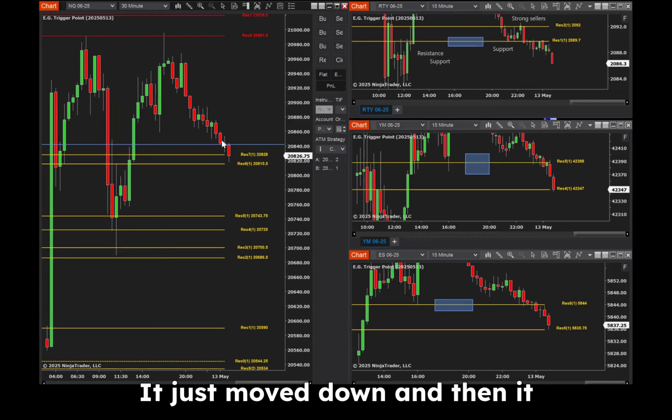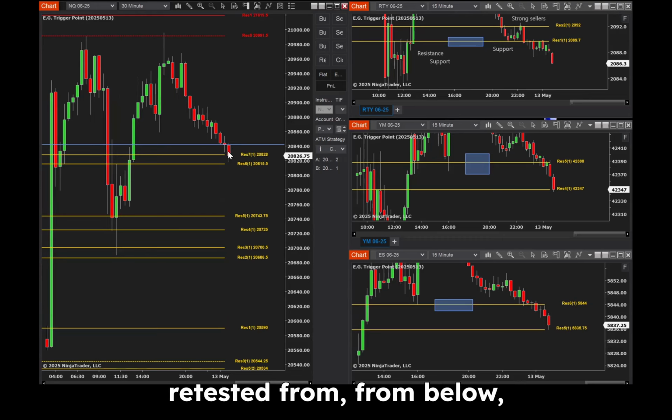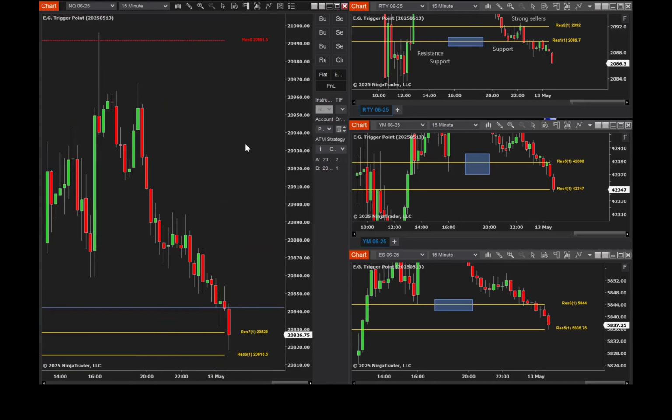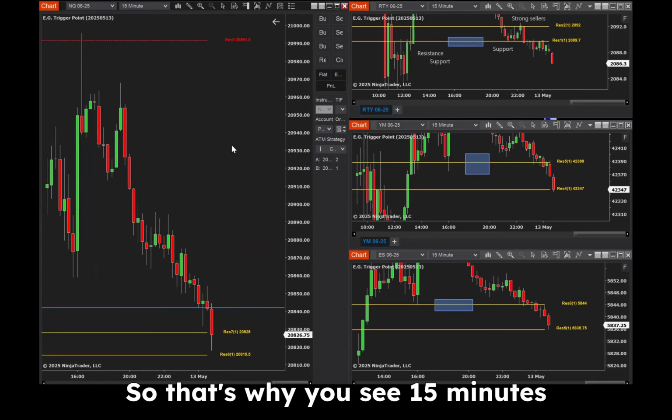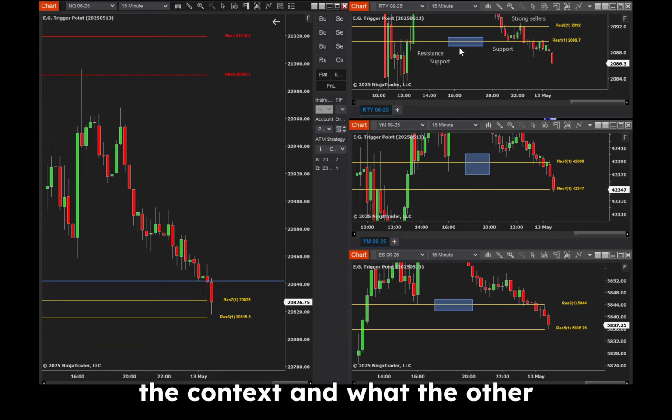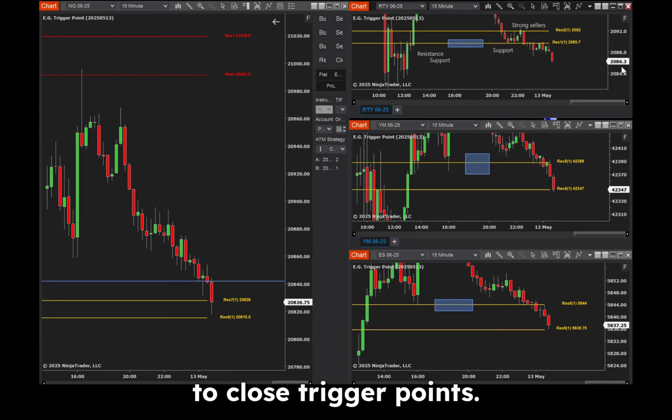No retest. It just moved down and then it retested from below, not from above. It doesn't make any sense to me to consider the time frame at all. So that's why you see 15-minute. Why am I on 15-minute? Because I want to see the context and what the other markets are doing relative to close trigger points.